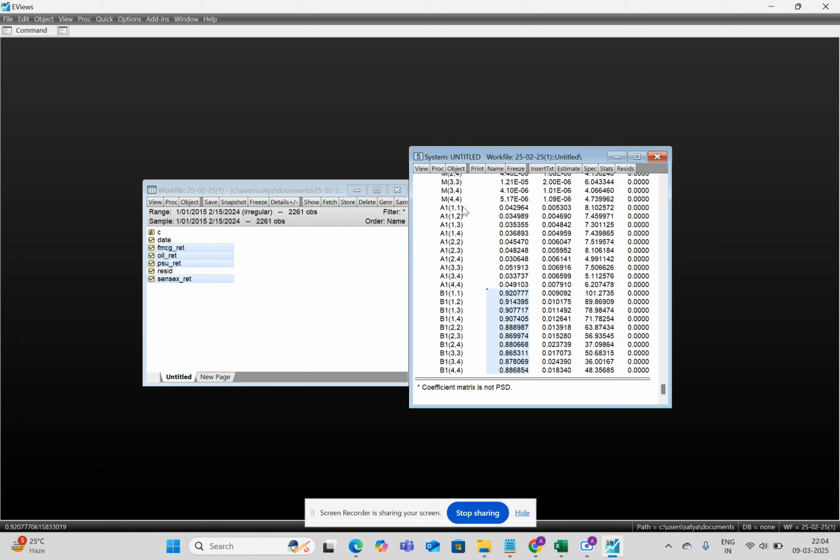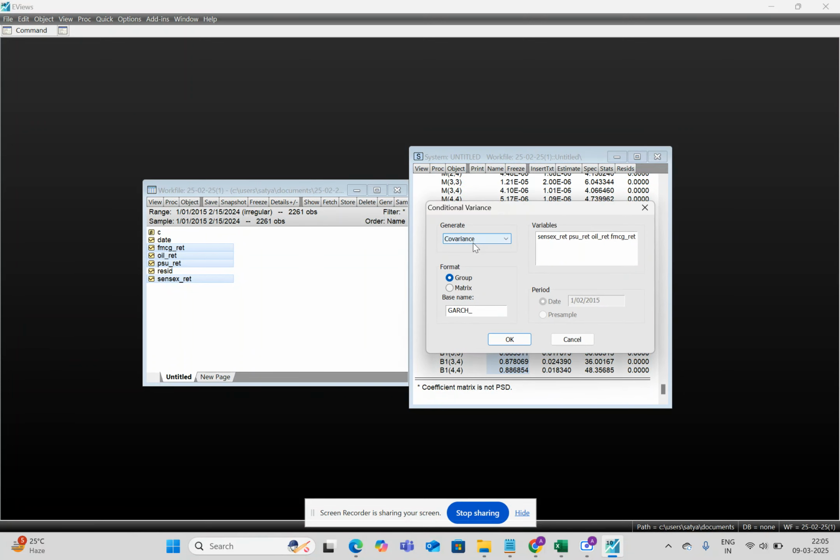Okay. So now let us create the variance covariance matrix. So we go to proc, then we will go to make conditional covariance, right? Let us first do the correlation matrix. Let us first find the dynamic conditional correlation. Why is it important to find the dynamic conditional correlation?